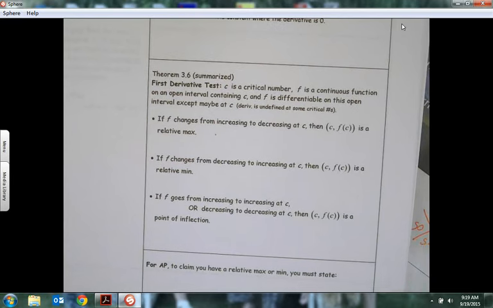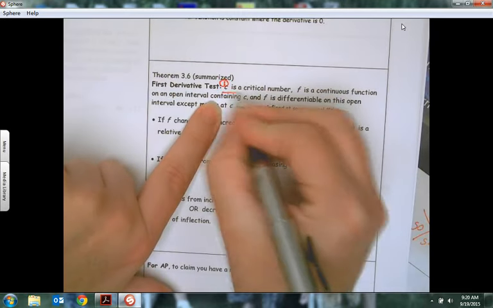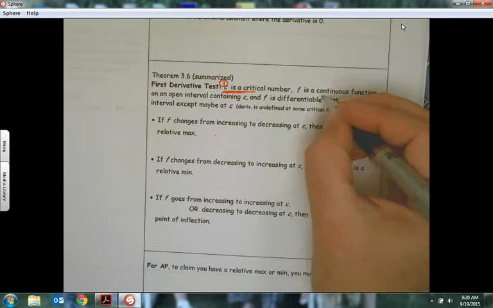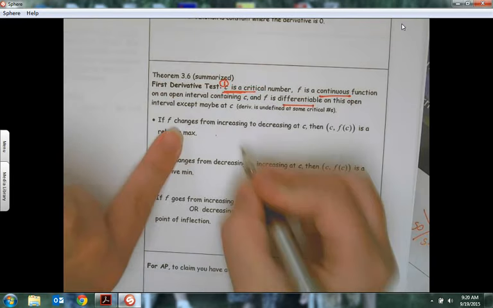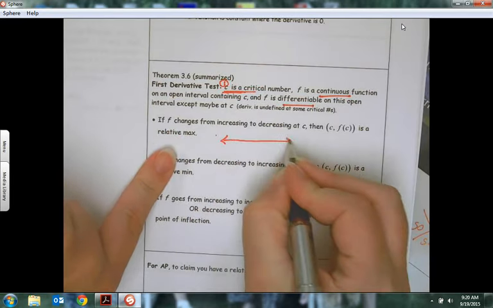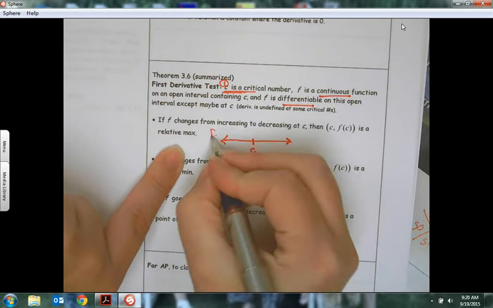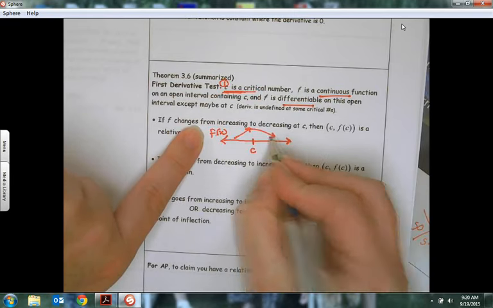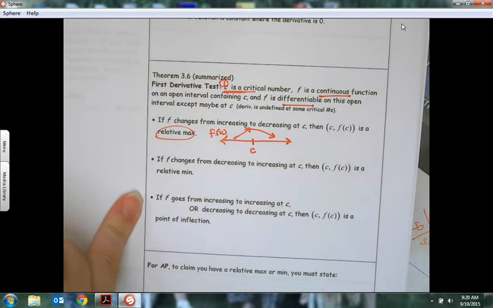So this is our first derivative test. So go find your critical numbers. Make sure that you are continuous and differentiable. Then I know basically if I have some critical number and f of x goes from increasing to decreasing, then that critical number is going to be a relative max.